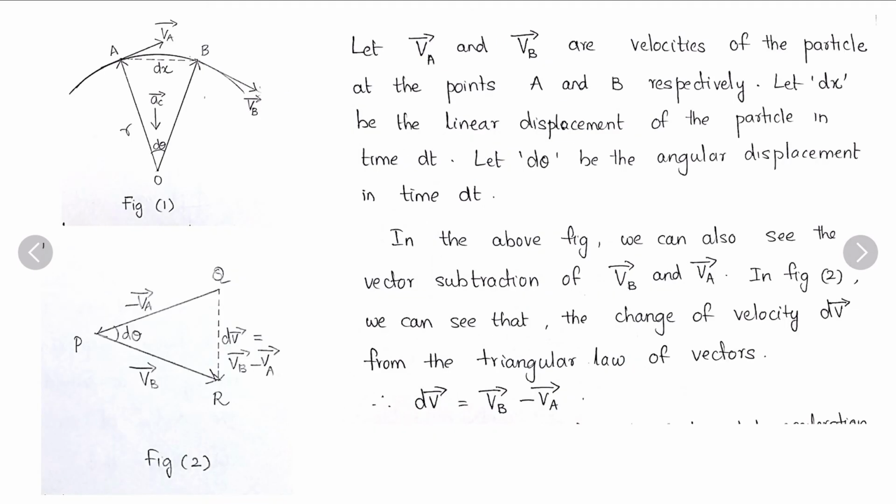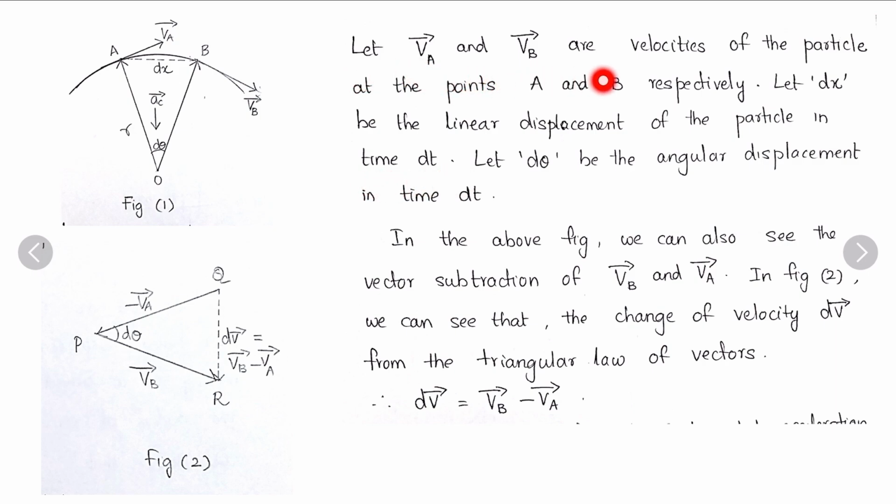The same thing I have explained here in writing. Let VA bar and VB bar be the velocities of the particle at the points A and B respectively. Let dx be the linear displacement of the particle in time dt.